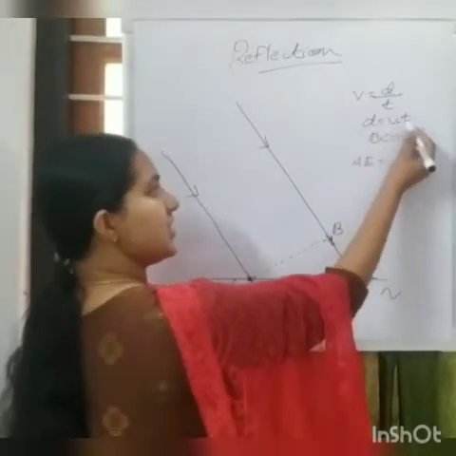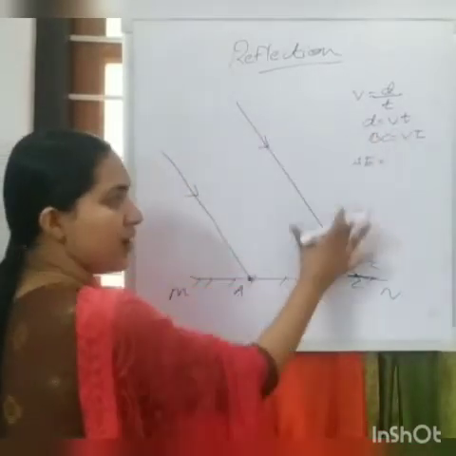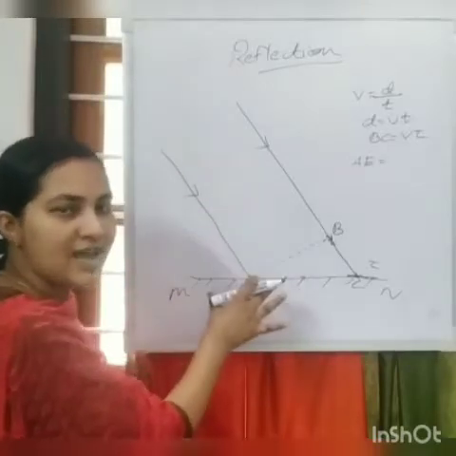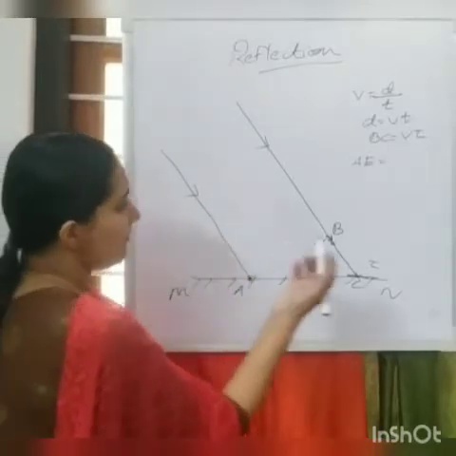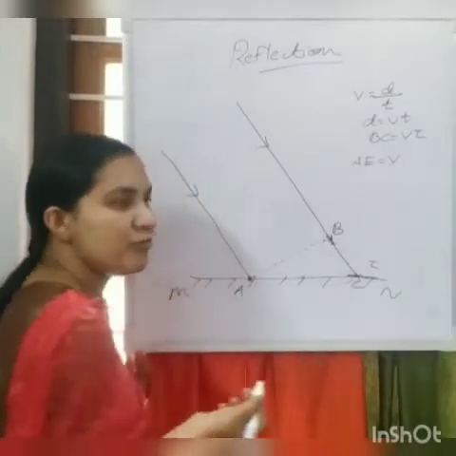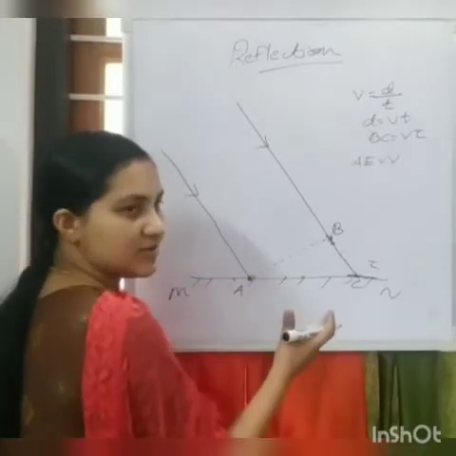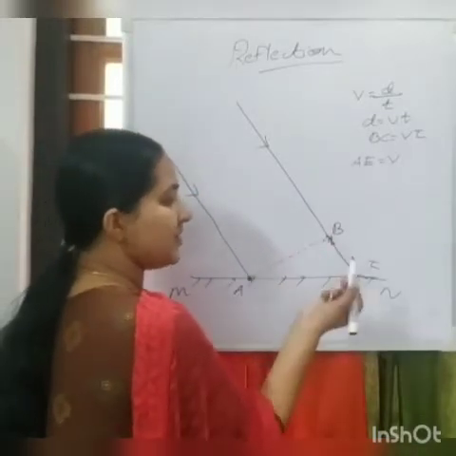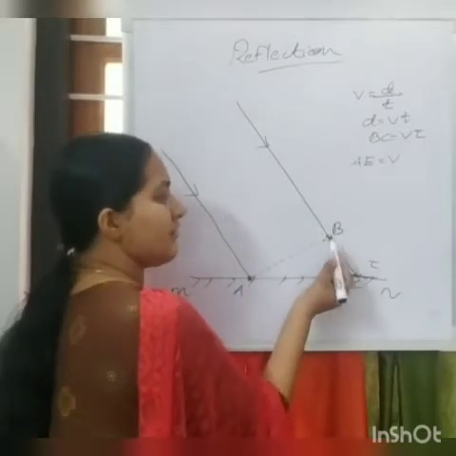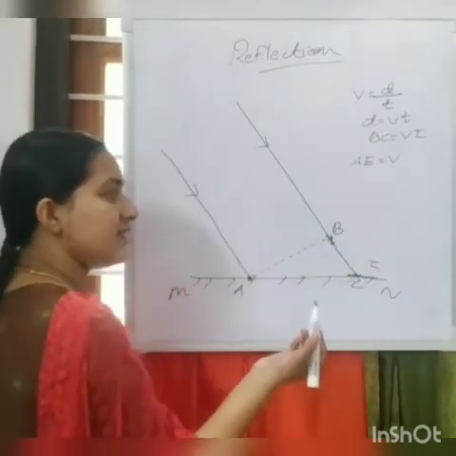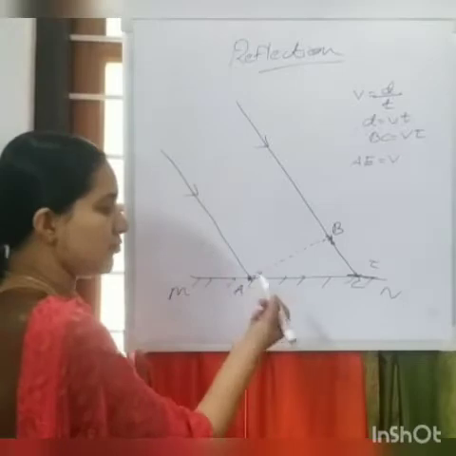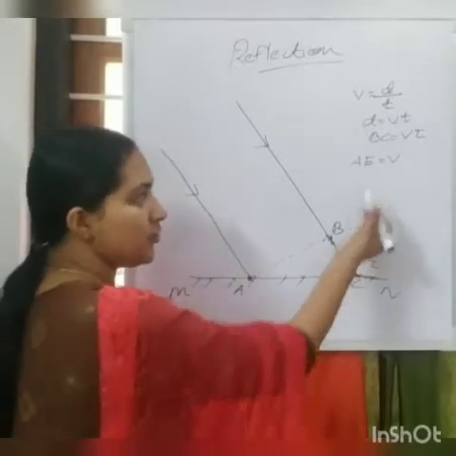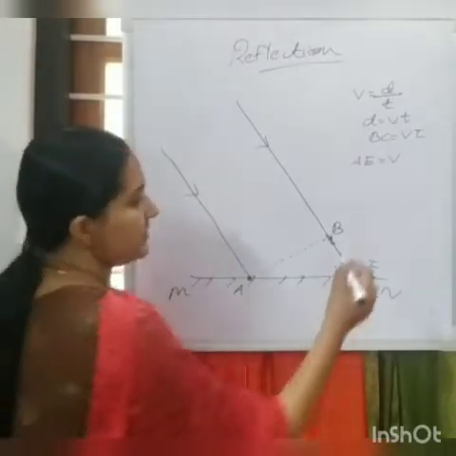Distance is velocity into time. Here this is one medium. All the reflection happens in one medium. So the velocity will be the same V, and the time is also the same. The time needed for the wave to travel from B to C and the time needed for the light to travel from A to the new position E also will be the same.